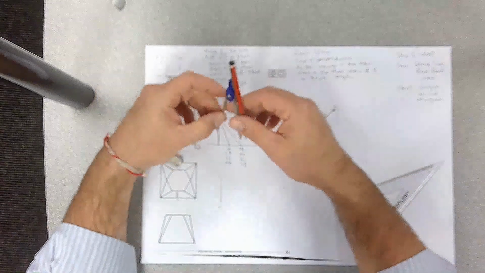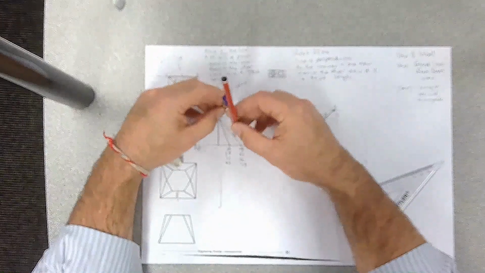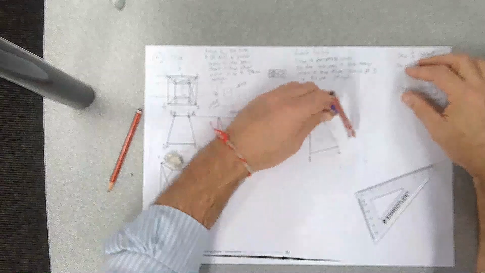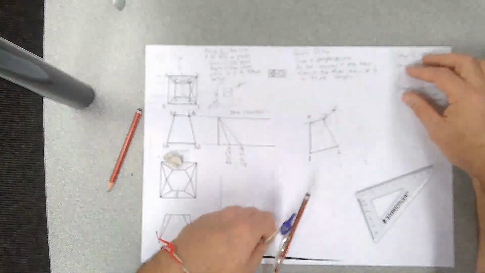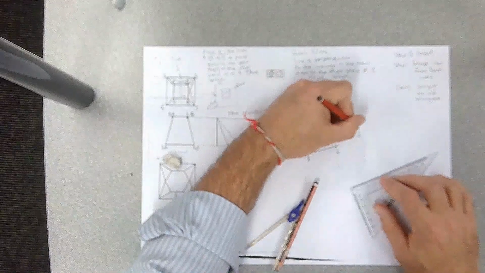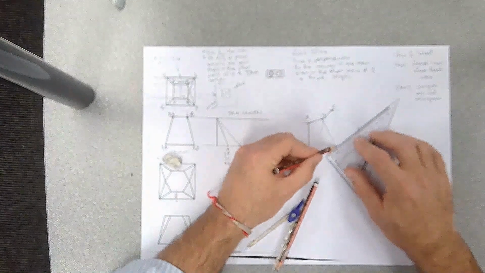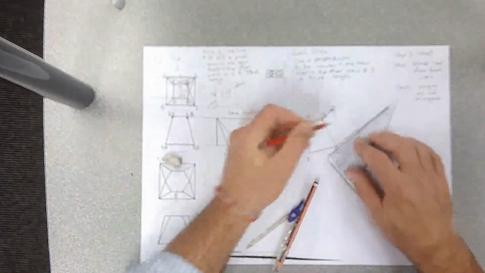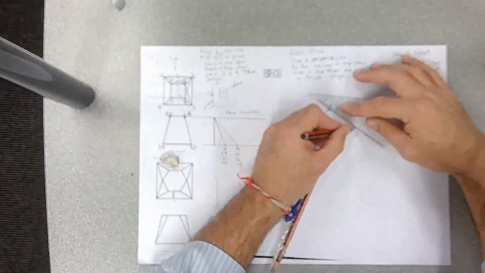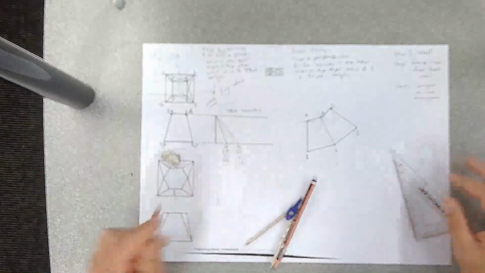So we can grab our compass to get 3B. Sit our compass on B, swing our arc. And that's going to give us 3 just here, where those 2 arcs cross. Draw a line. Panel number 2.